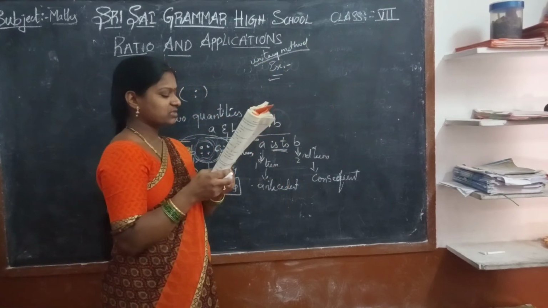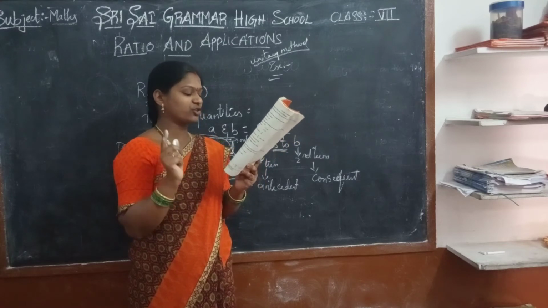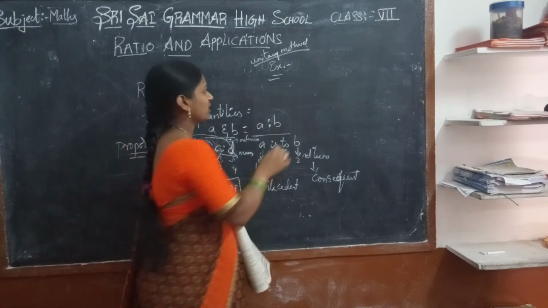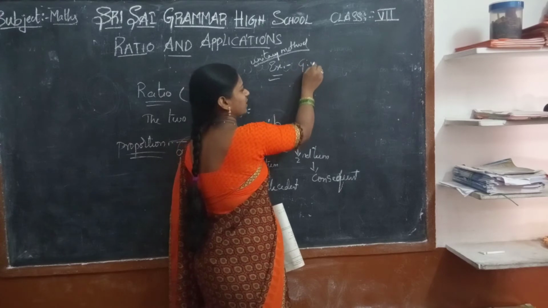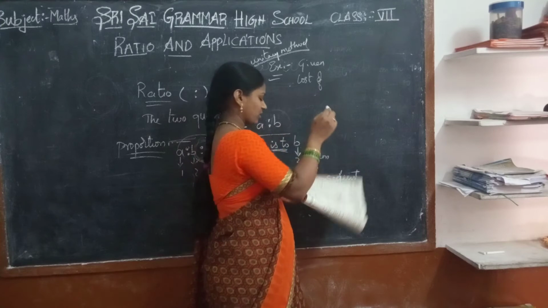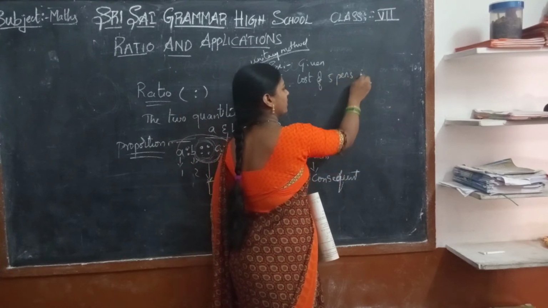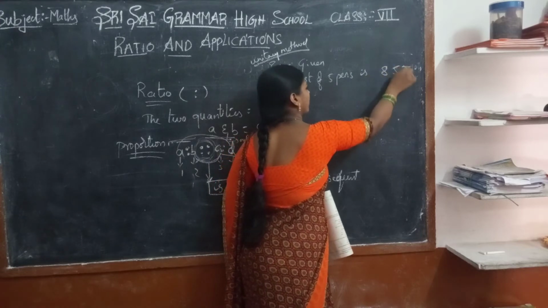Unitary method. If the cost of 5 pens is rupees 85, then what is the cost of 12 pens? They have given the cost of 5 pens: 85 rupees.